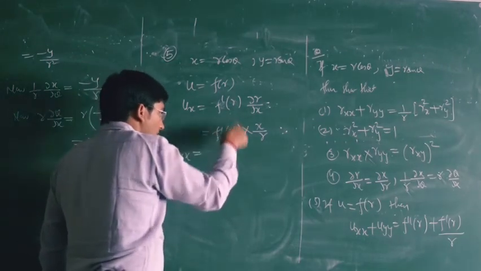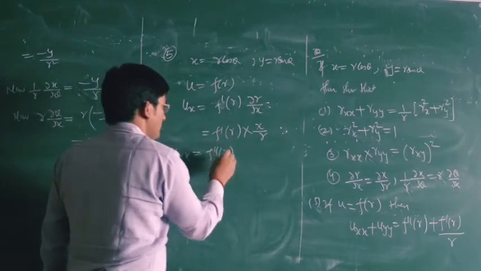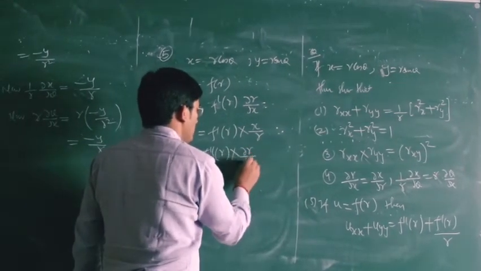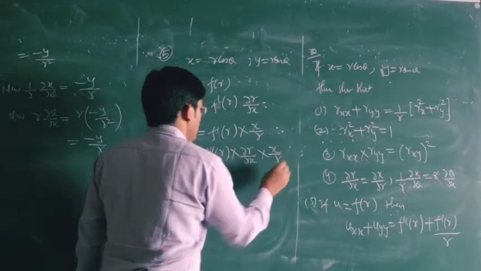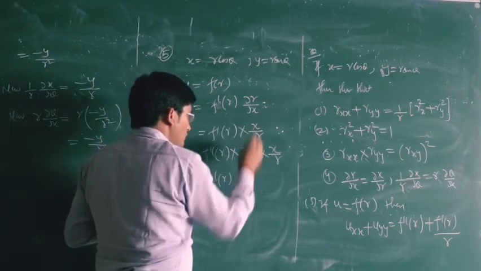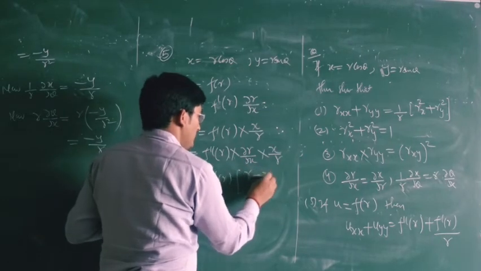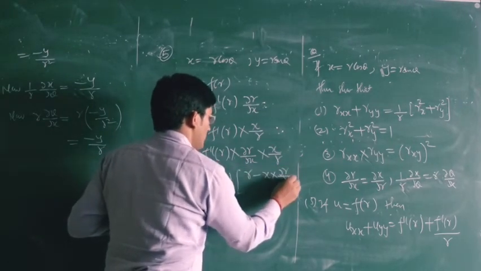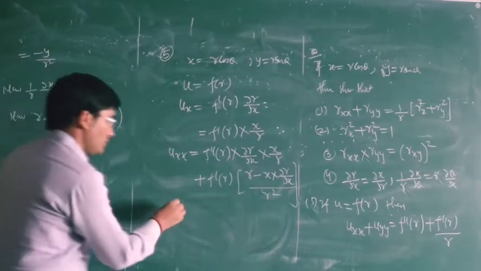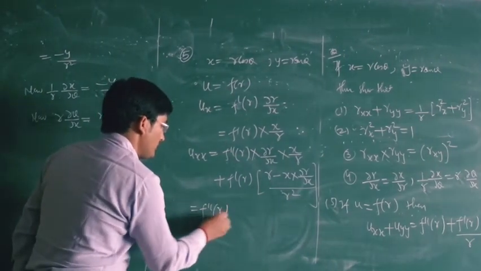Now the differentiation of f dash will be f double dash r, and then the differentiation of r will be del r upon del x into x upon r. We are using the product rule here. Now the differentiation of x will be 1, so we have r and then x into del r upon del x upon r square. So this is equal to f double dash r.